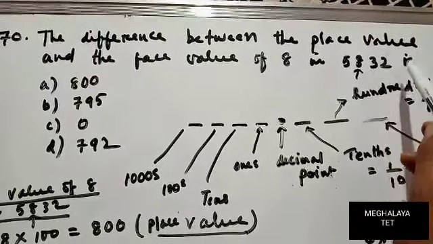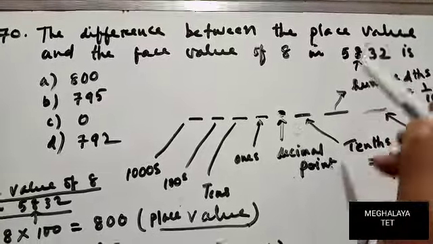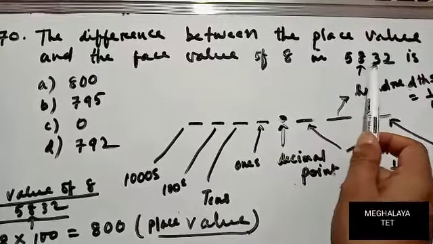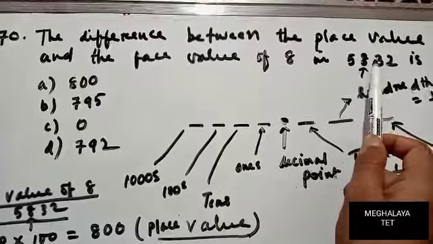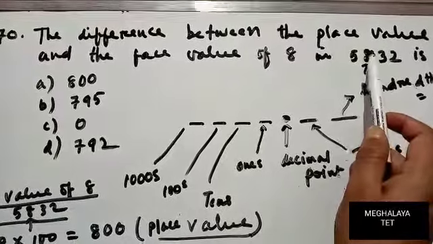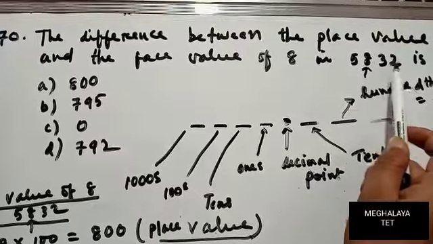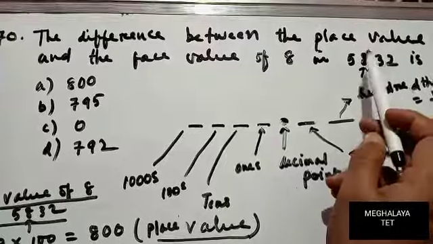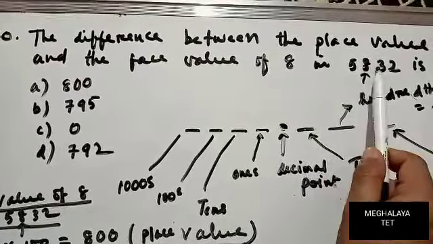Whatever we get, that is the place value of that number. And the face value of 8 in the number 5832 means the digit itself. Here the face value is 8, so the number itself is the face value.